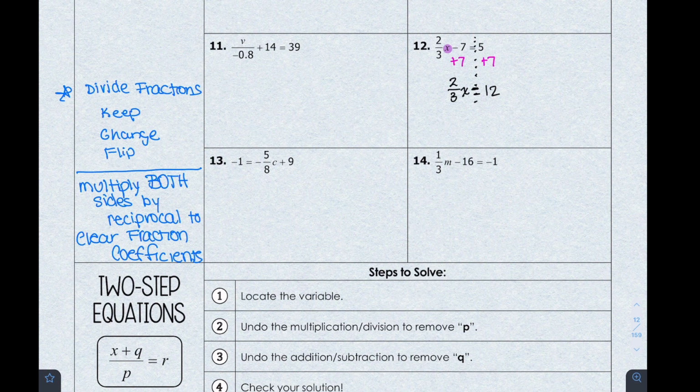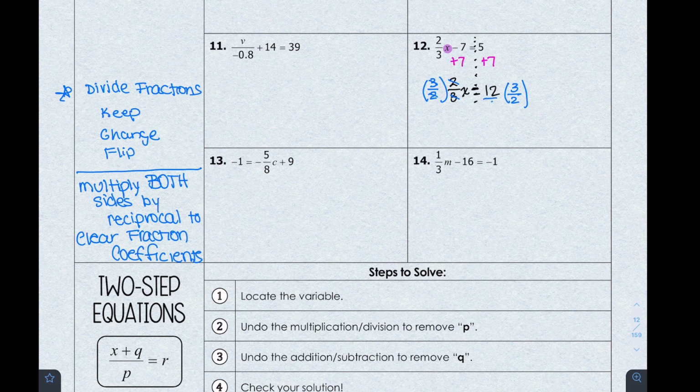So anytime you get to number 12 at this step, what you see written in black, I'm going to multiply this side by 3/2 so that the 3's will cancel, the 2's will cancel. And if I do it on the left, I must do it on the right. Something like this is calculator neutral, meaning you have to know how to multiply fractions. Here's how I do this.